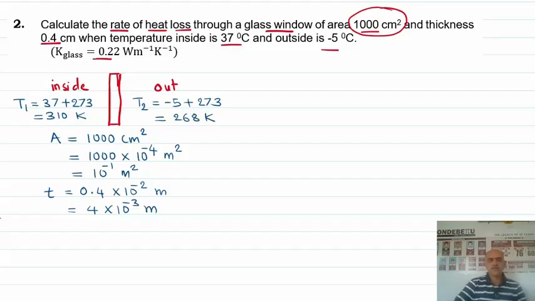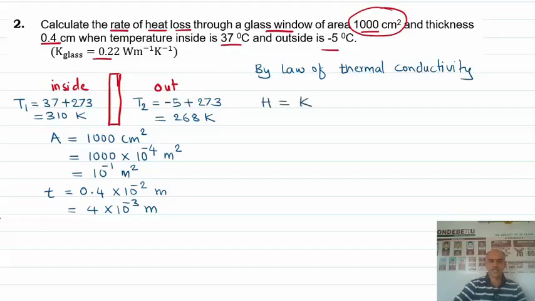Now you are required to find the rate of heat loss by the law of thermal conductivity. Just write the formula and substitute, and you will have the answer. So H is equal to K into A, T1 minus T2, divided by thickness.